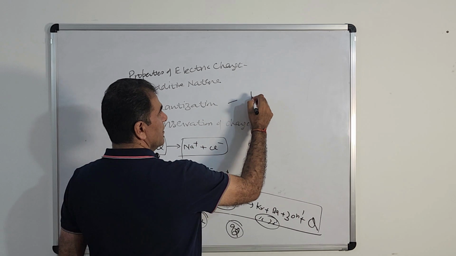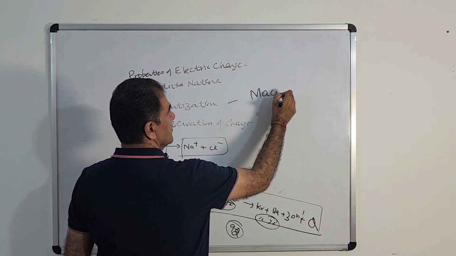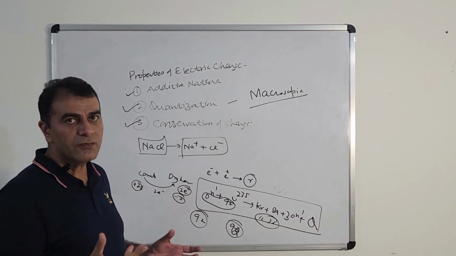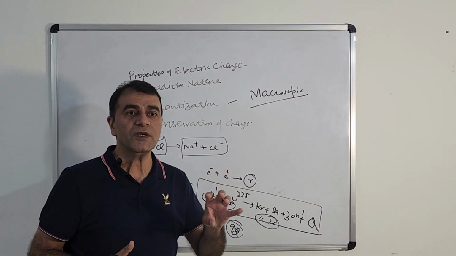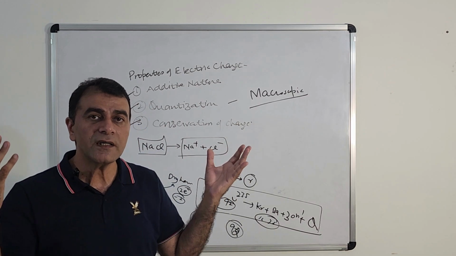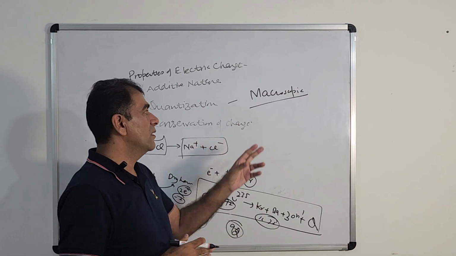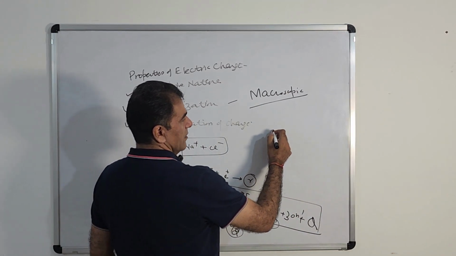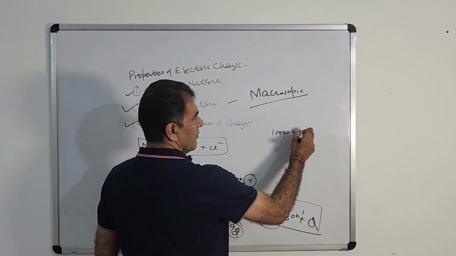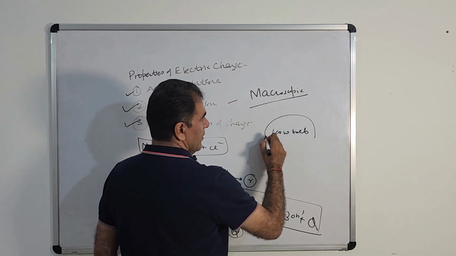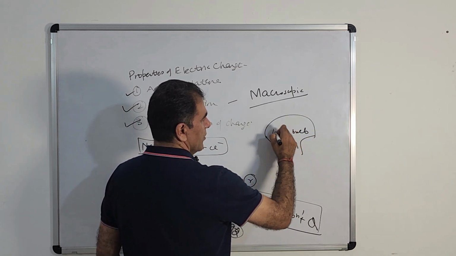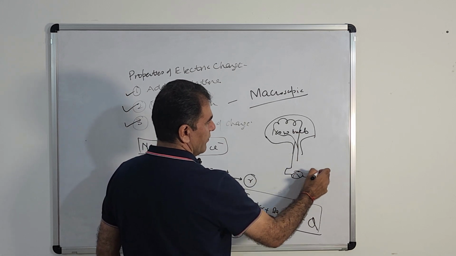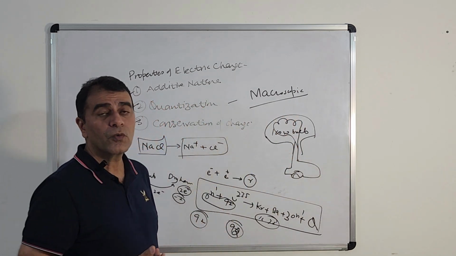When we are dealing with macroscopic objects. What is macroscopic? Two types of objects are there in our whole life. One is microscopic, which cannot be seen with the eye, very very small, and macroscopic means big. Like if you have a 100-watt bulb and you give that bulb current, the bulb will glow.